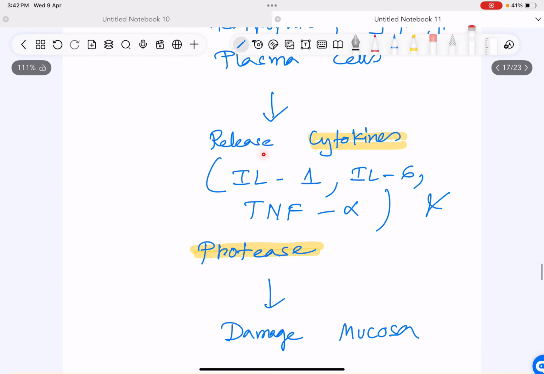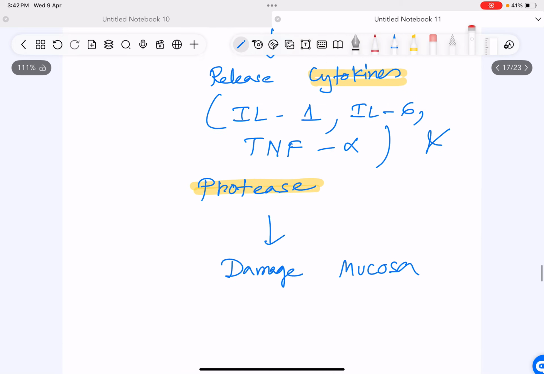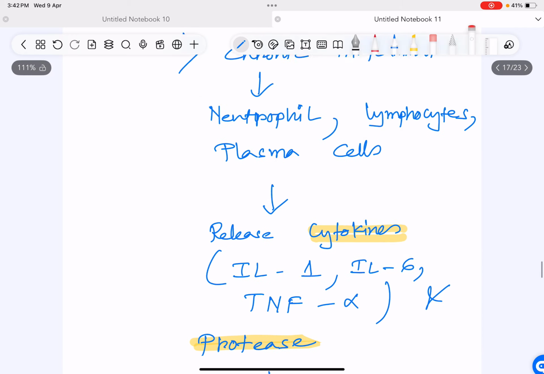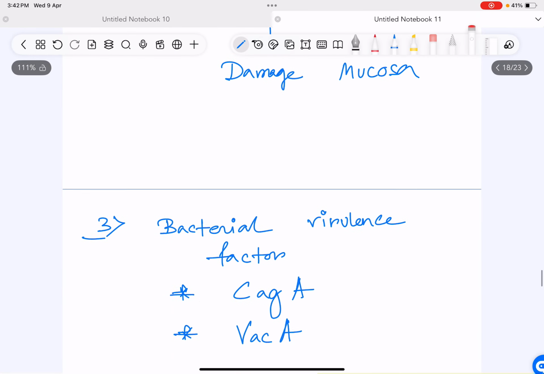These cells release cytokines like interleukin 1, interleukin 6, TNF alpha, and these cytokines, along with protease, which is also released, cause damage to the mucosa. So ammonia is causing damage to the mucosa, and cytokines are causing damage to the mucosa.